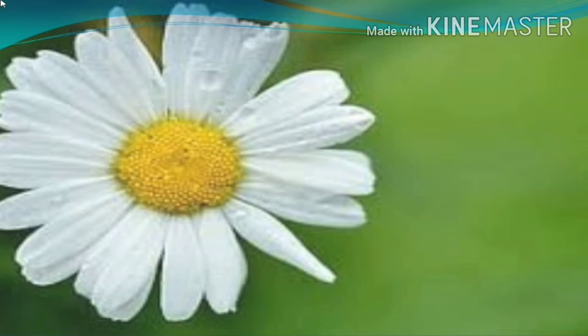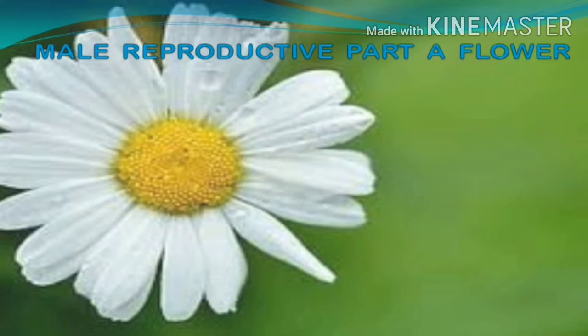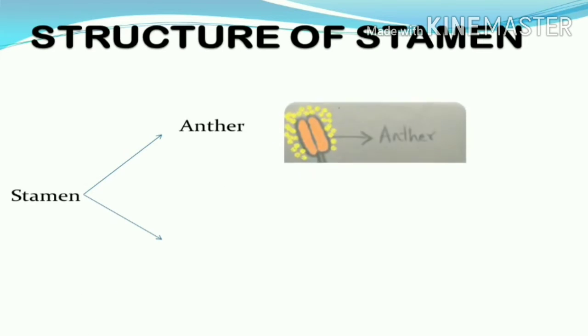Now coming to the main reproductive part of the flower, which is stamen. Stamen is divided into two parts, anther and filament.